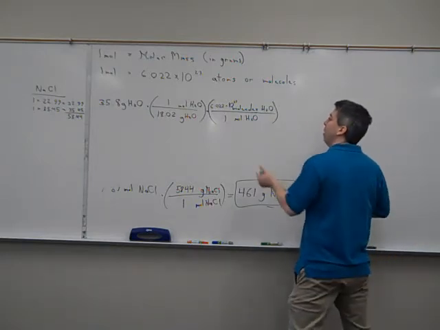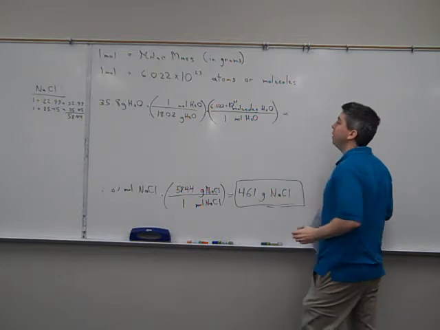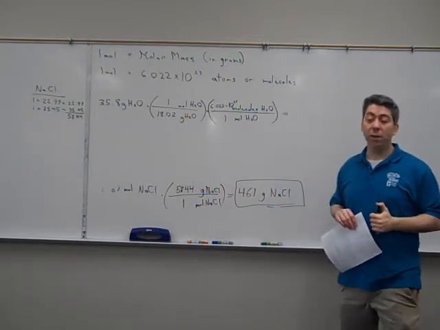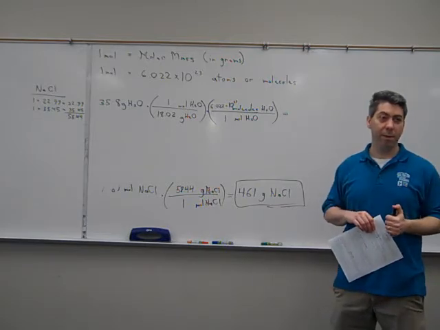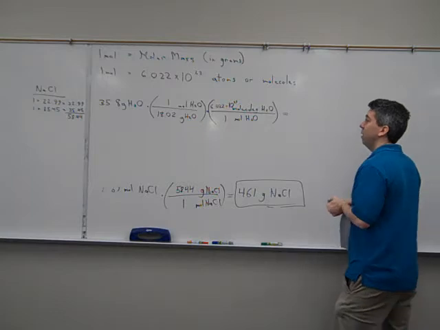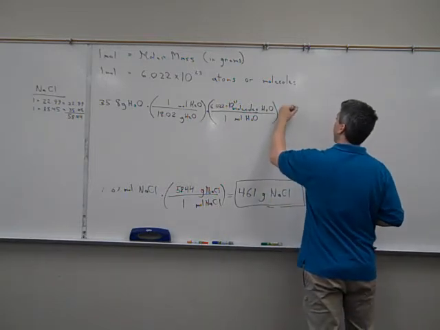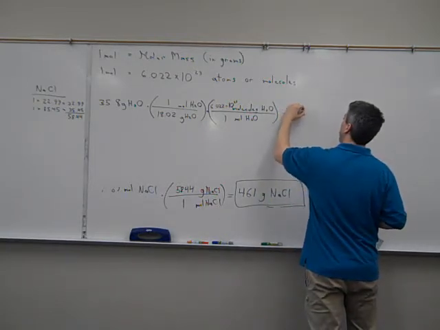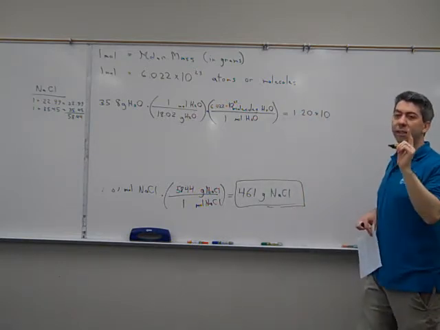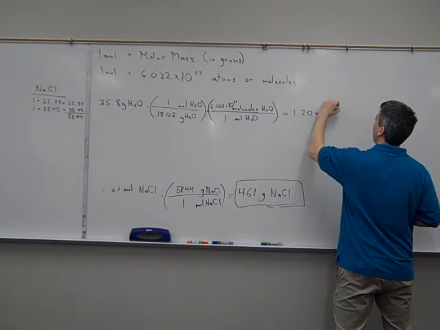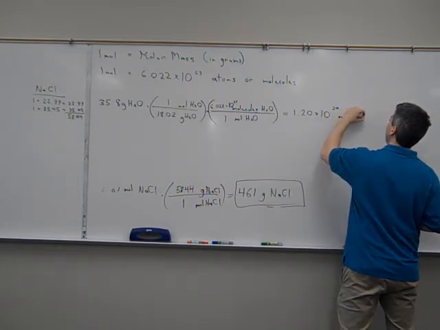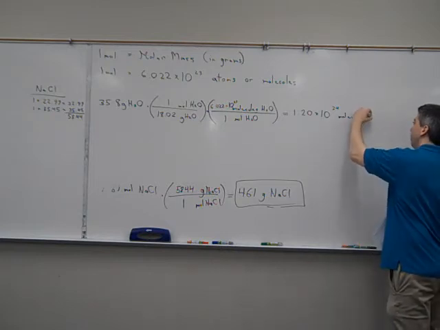Alright, so then all you have to do now is multiply everything on top, divide by everything on bottom, and what do you get? 1.196, or 1.20 with appropriate sig figs, times 10 to the 24th molecules of H2O.